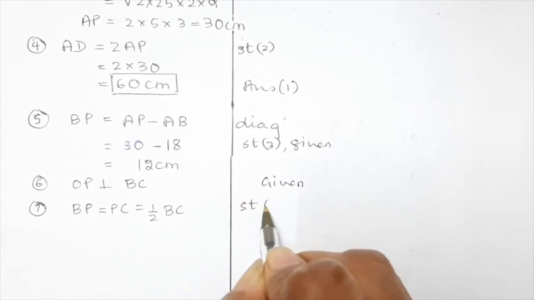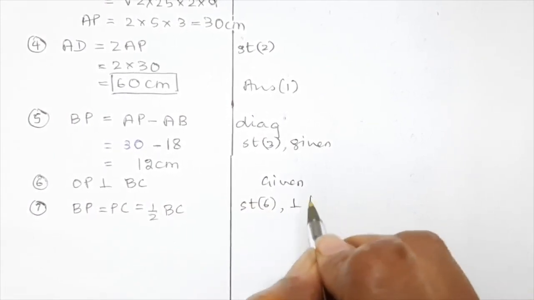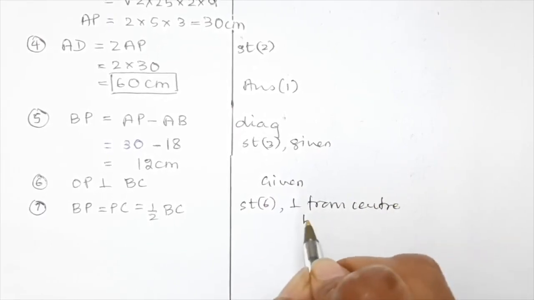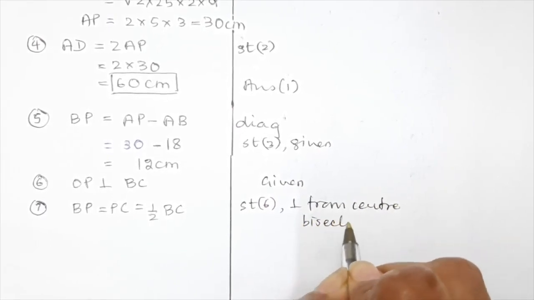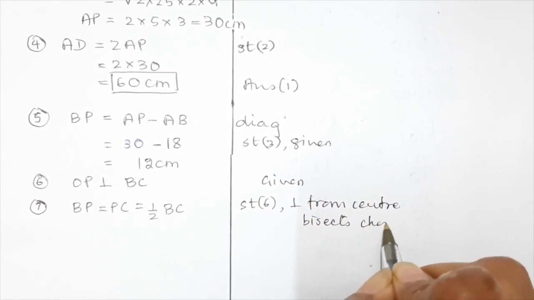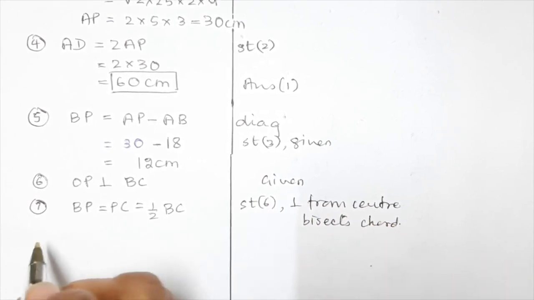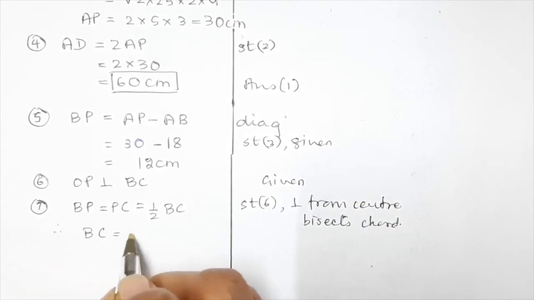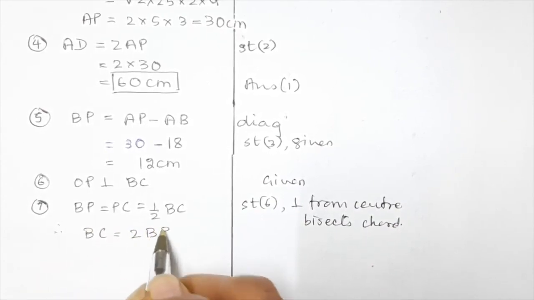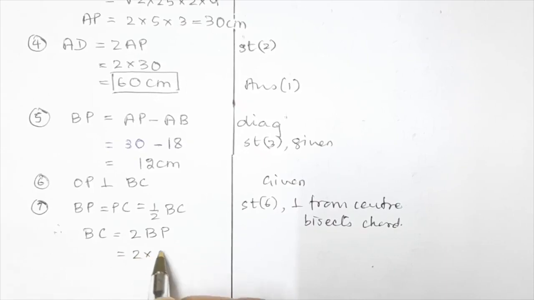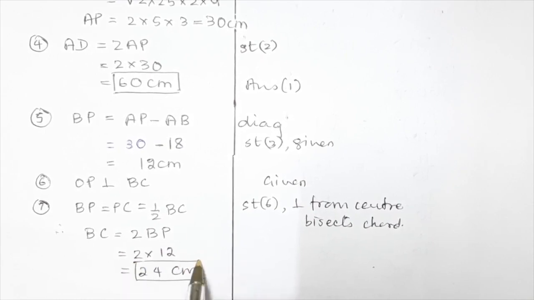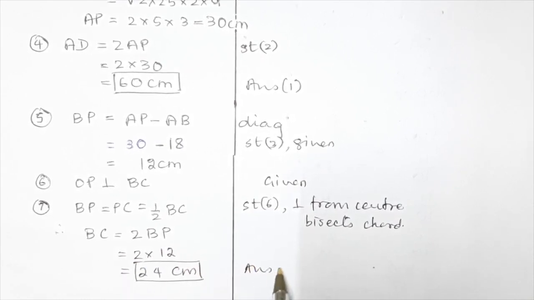This will be from statement 6 and perpendicular from center bisects chord. Therefore BC will be equal to 2BP, which is 2 into 12, which is 24 centimeter, and that becomes our answer 2.